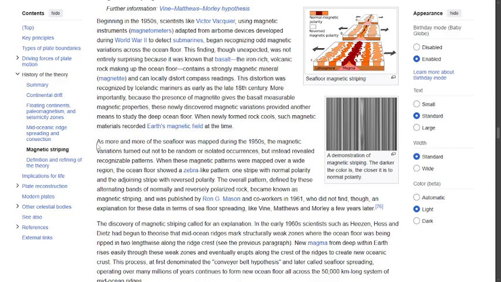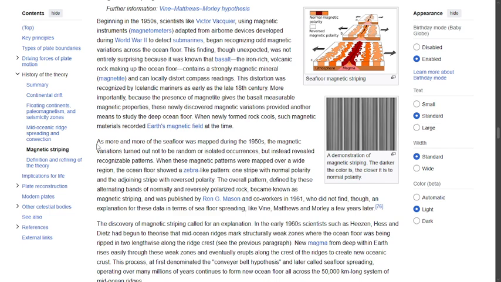When these magnetic patterns were mapped over a wide region, the ocean floor showed a zebra-like pattern, one stripe with normal polarity and an adjoining stripe with the reverse polarity. The overall pattern defined by these alternating bands of normally and reverse polarized rock became known as magnetic striping. One p equals striping, two p equals stripping.